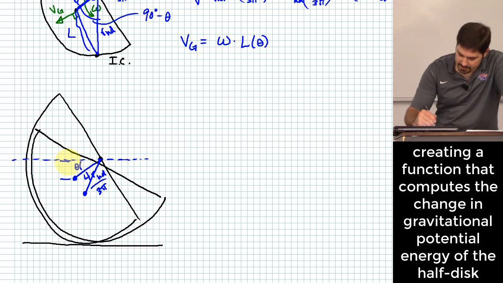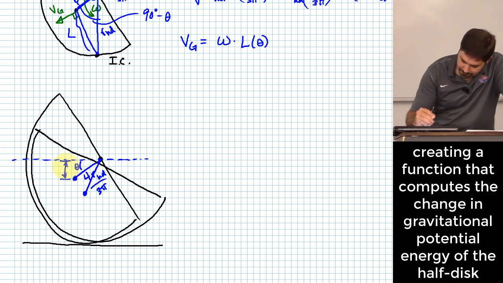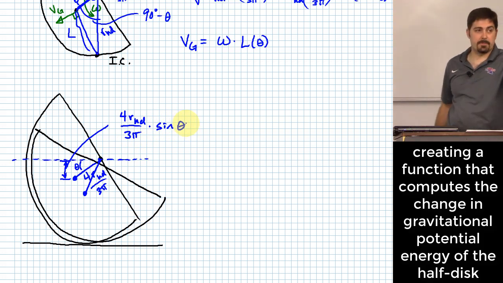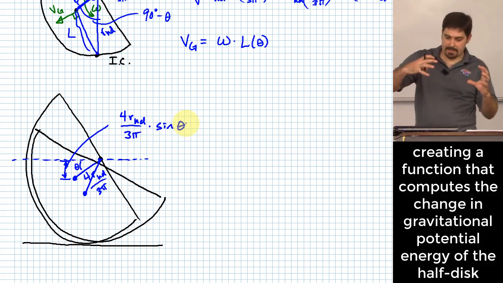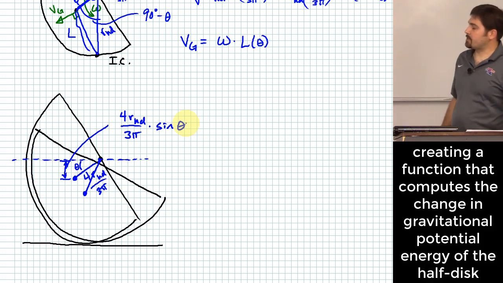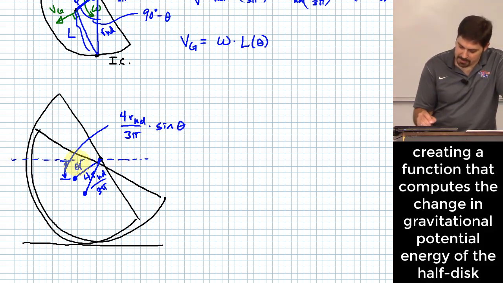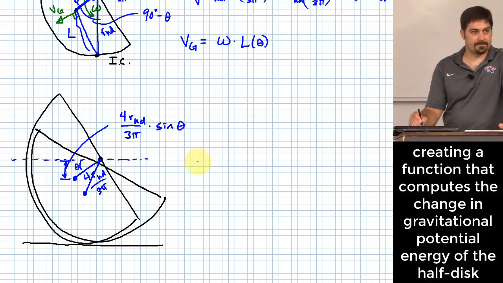Do you agree with that? That's this distance right here. 4r over 3 pi times the sine of theta, whatever that theta happens to be. Okay, so as that thing rolls, that can give us our height in terms of theta relative to this position or this height.